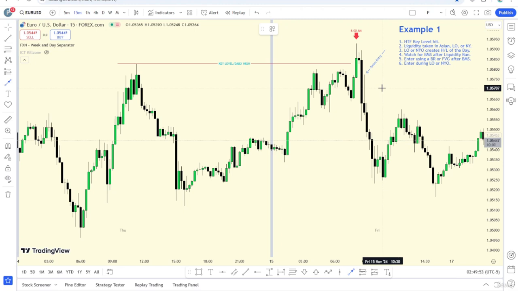But before you even know that that is potentially the high or low of the day, after the day closes, we can say that this is the highest high that was created on Friday, making this the high of the day. But the break in market structure is what will indicate that that high is potentially the high of the day, and you want to now trade in the opposite direction.